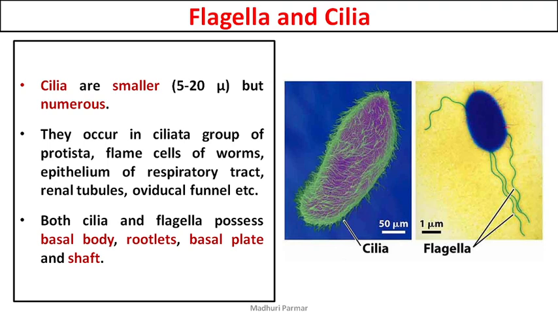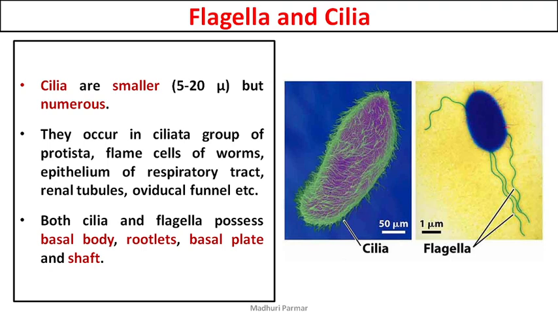We will see what these parts are. They are made up of the basal body, which, as the name suggests, is some organelle present at the base. Then rootlets. Again, as the name suggests, what does a root do? A root fixes something, it anchors something.